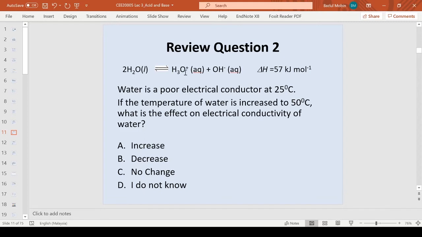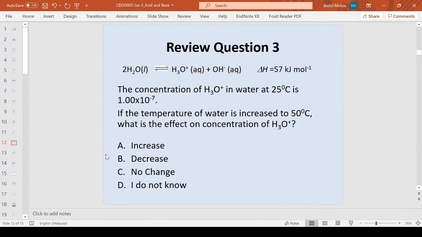We know that at 50 degrees this concentration is increasing, and this concentration is also increasing. So when the ions increase, the conductivity will also increase, because electrical conductivity depends on the ions, right? So it will increase as well.